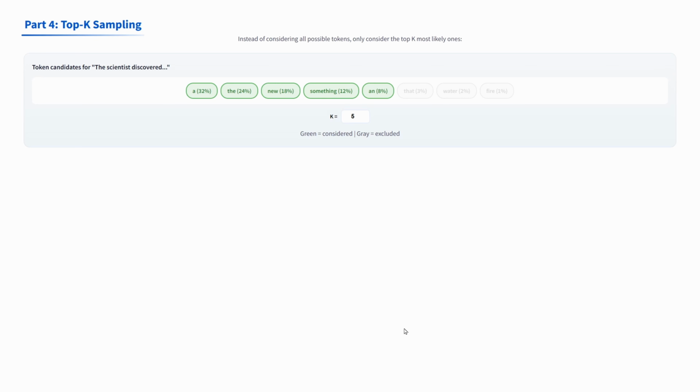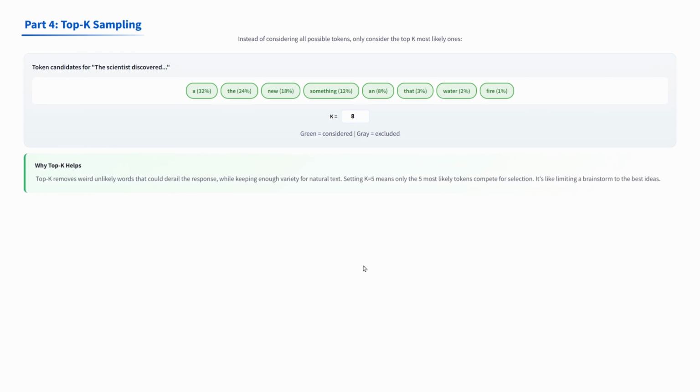The tokens are ranked by probability, with K equal to 5. Only the top 5 tokens are green. Those are the candidates. Everything else is gray. It's excluded entirely. If we change the value, let's say we make it 3, watch, only 3 candidates. If we make it 8, all tokens are candidates.